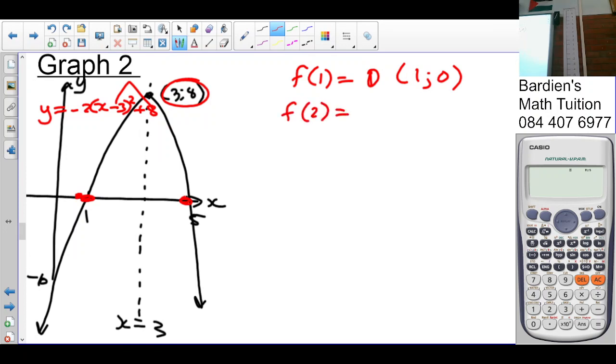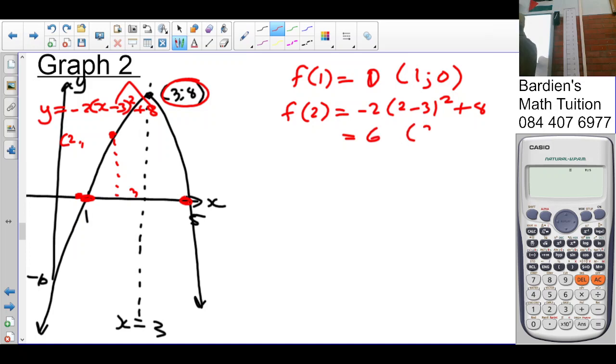So we substitute 2 in, so 2 is going to lie here. If we substitute 2 in, it's negative 2 into 2 minus 3 squared plus 8. So that's going to give us negative 1 squared, positive 1, times negative 2 is negative 2, plus 8 is 6. So this point is 2 and 6.